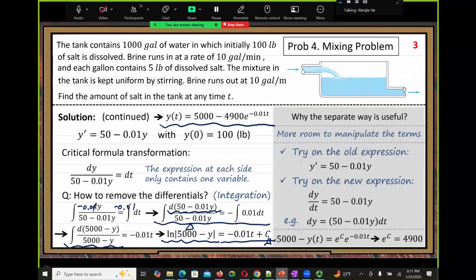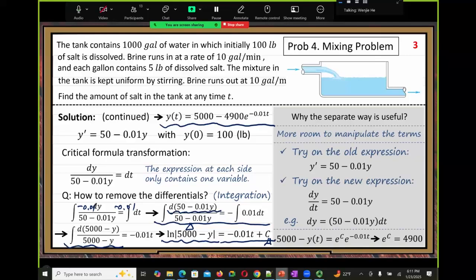Because in many situations in this class, you need to answer this question. When you solve a question, you will have several cases where you need to deal with this absolute value thing.